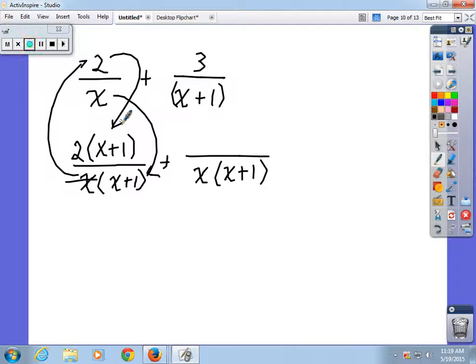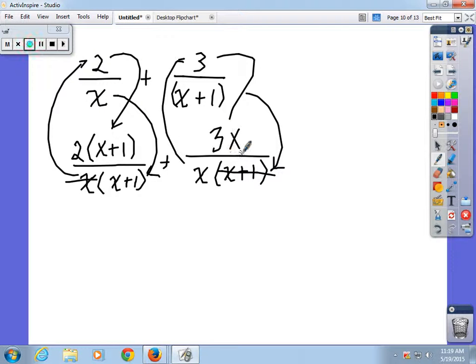How many times will x plus 1 go into this? X times 3 is 3x. Combine the top and put it over one denominator, which will be x times x plus 1. So you don't have to worry about the denominator anymore. It's done.